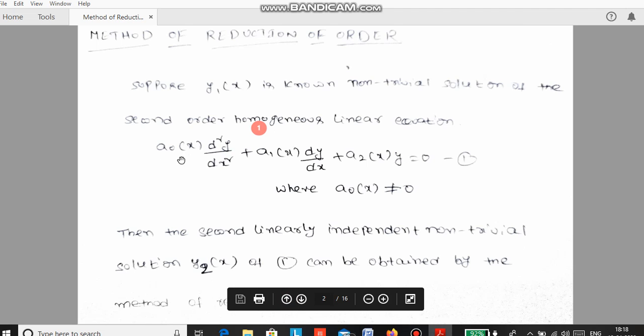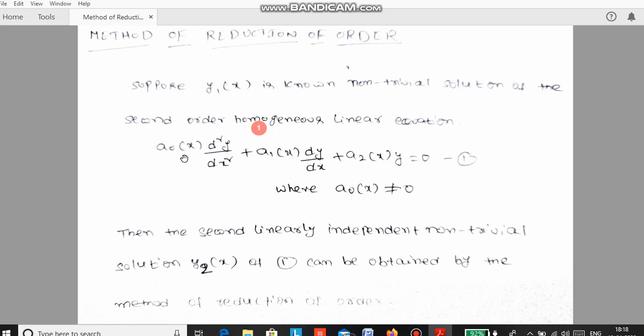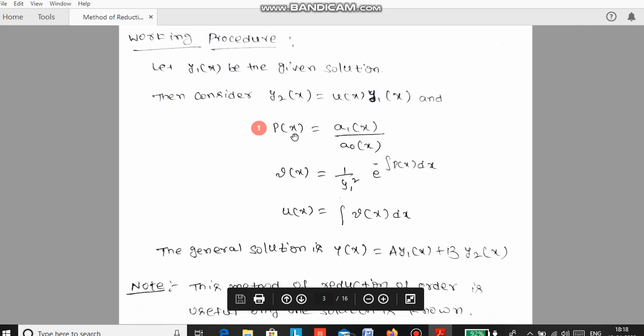See here, the d square y by dx square coefficient is a naught of x and the dy by dx coefficient is a1 of x. So first we have to find the value of p of x is equal to a1 of x by a naught of x.